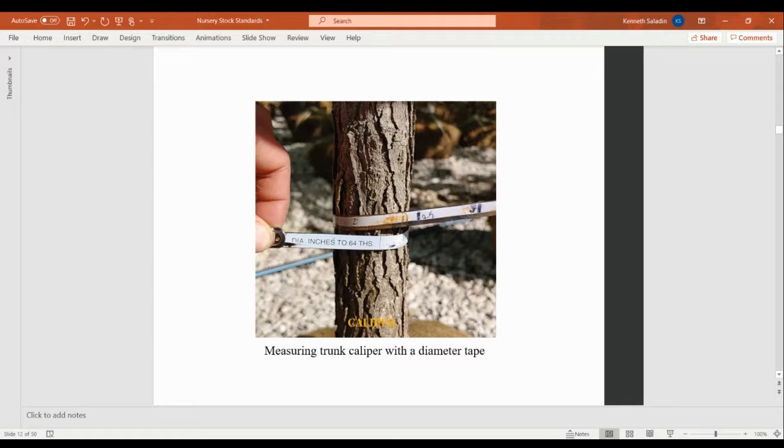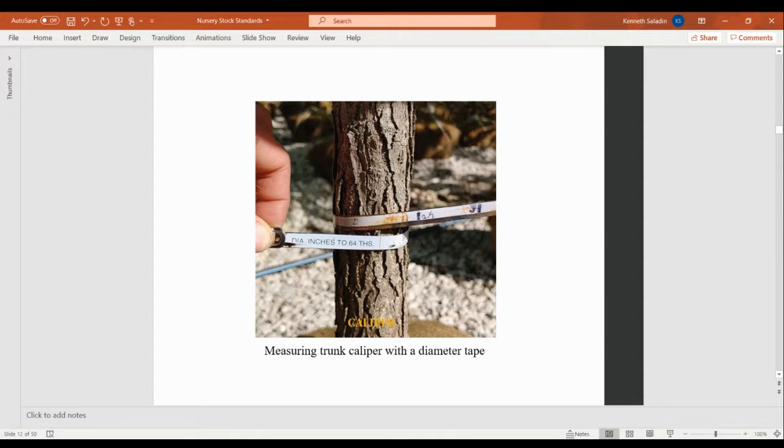This is a different way of measuring trunk caliper or diameter. This is called a diameter tape. So when you look at this picture, you may say, whoa, it looks like what they're really measuring here is the circumference. And that's true. They are measuring the circumference, but the tape is graduated in such a way that the reading that you get off the tape is actually a reading of diameter and not circumference.